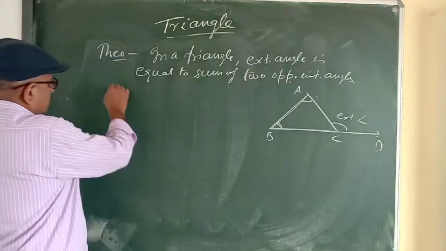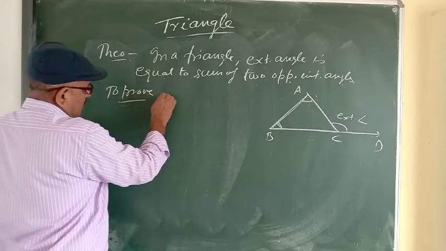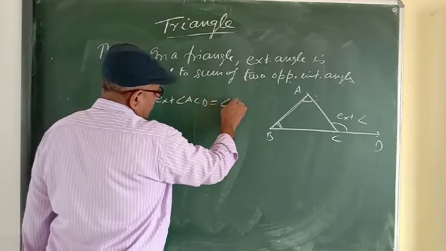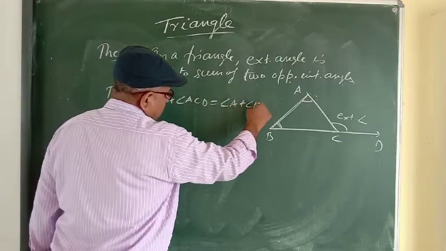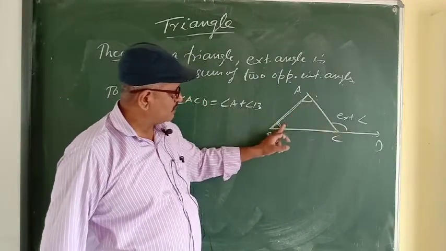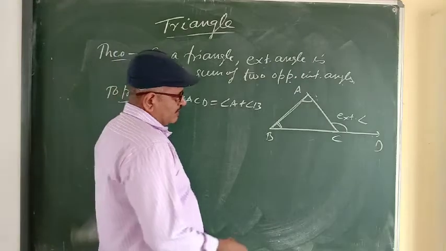So we have to prove that exterior angle ACD is equal to angle A plus angle B. The exterior angle ACD is equal to the sum of these two opposite interior angles. How can we prove it?